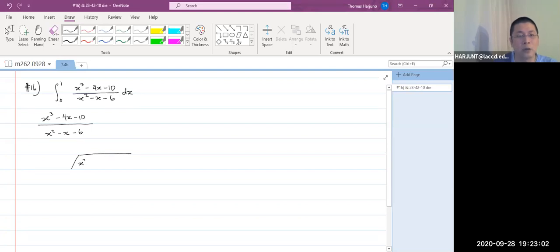That's x cubed plus 0x squared minus 4x minus 10, and I divide by x squared minus x minus 6. So I have x for x cubed minus x squared minus 6x. When I subtract, of course, remember you need to change the sign. You get x squared plus 2x minus 10.